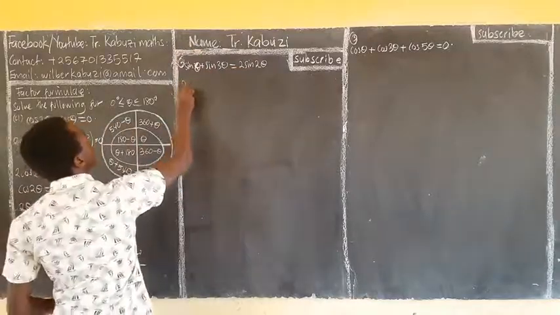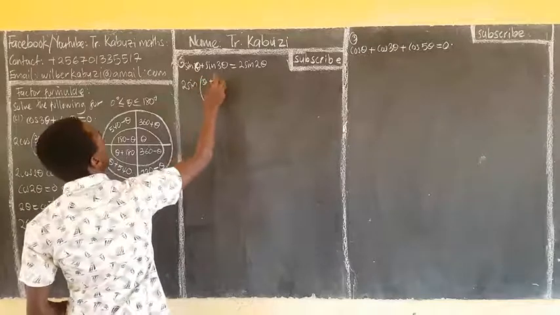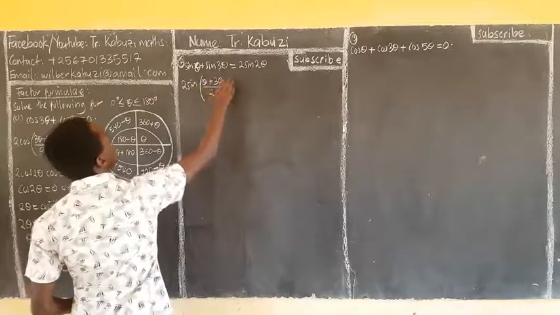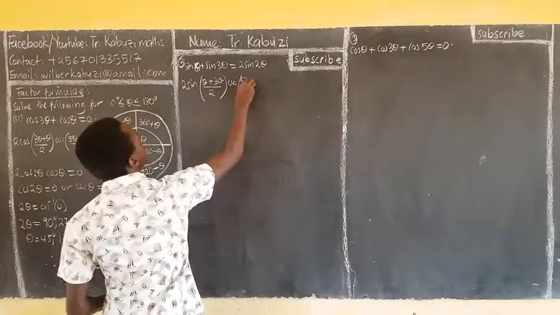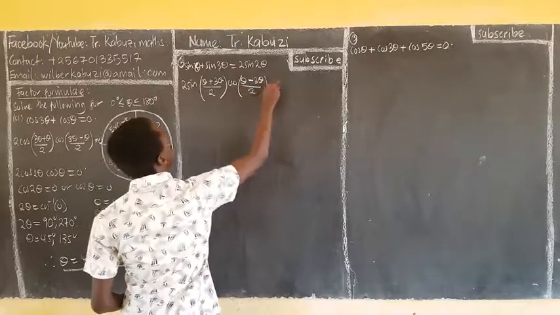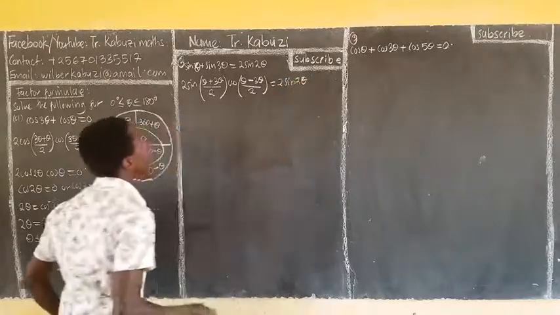So this will be now 2, because I'm dealing with sine, I get this angle plus this one, then divided by 2, then cos of this angle minus this angle, sine 2 theta.